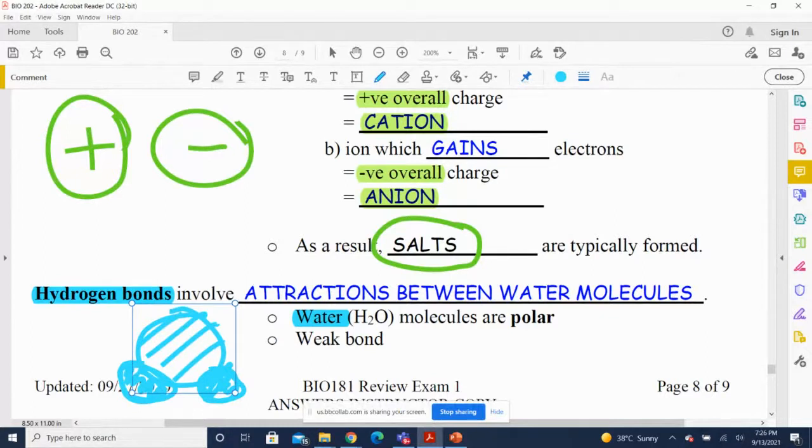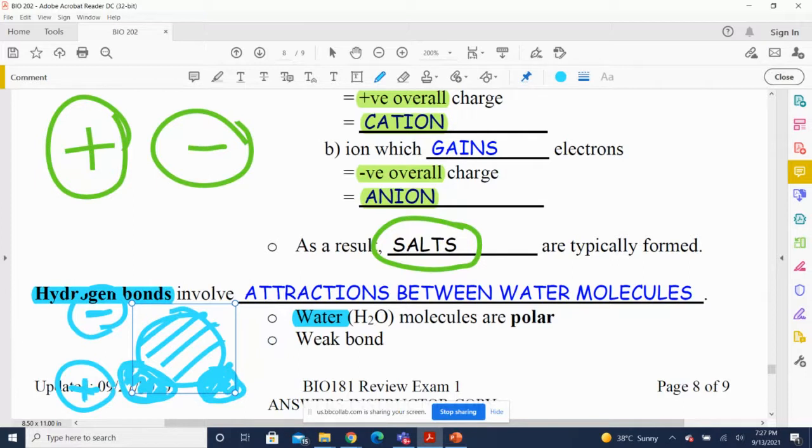As they are sharing these electrons, we notice that the electrons spend a little bit more time with the oxygen than they spend with the hydrogens. So overall, this water molecule is slightly negatively charged at the oxygen end and slightly positively charged at the hydrogen end. So we are now seeing an example of a polar covalent bond.